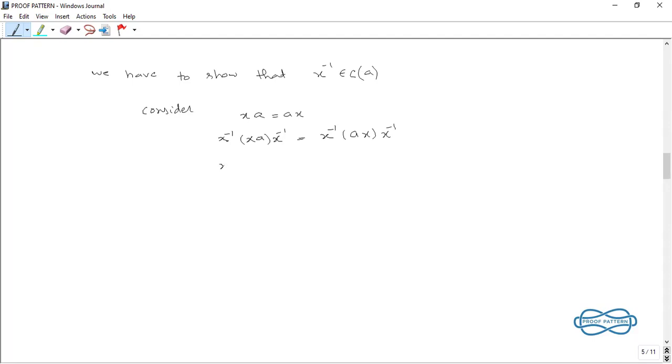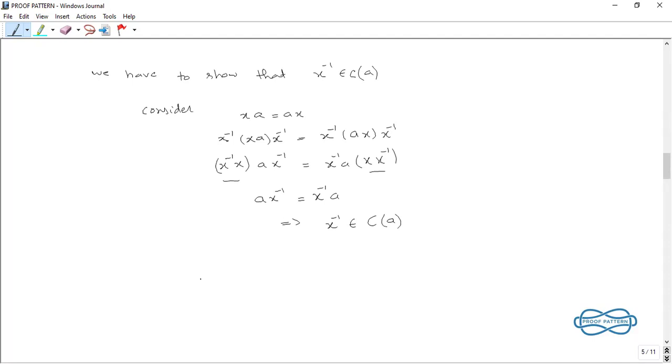Using the associative law, it can be written as x inverse x A x inverse, and here x inverse A into x x inverse. The product of x with its inverse will be the identity. So we will get A x inverse is equal to x inverse A. It is clear that x inverse is also commuting with A. This means this x inverse belongs to the centralizer of A.